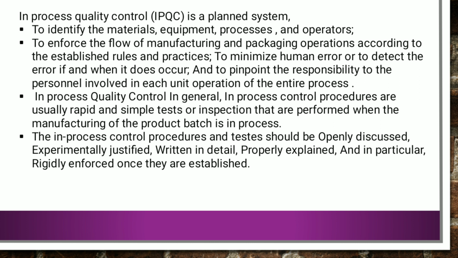Then to minimize human error or to detect the errors if and when they occur, that is, we can find out what sort of errors are occurring and how and when they are occurring. That can be done with the help of IPQC.